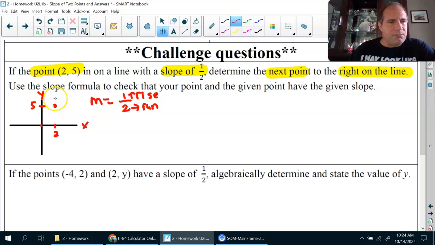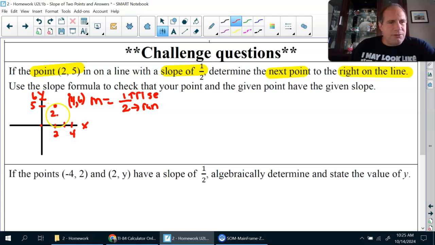If it rises 1, it's going to rise to, obviously, 6. If it rises 1 and then runs 2, it'll be here. So, runs 2, that's 4. So, it'll be 4, 6. Do you see? That's the next point to the right.